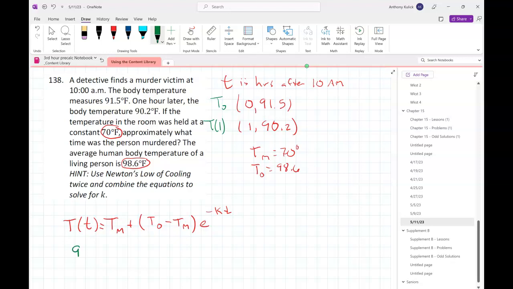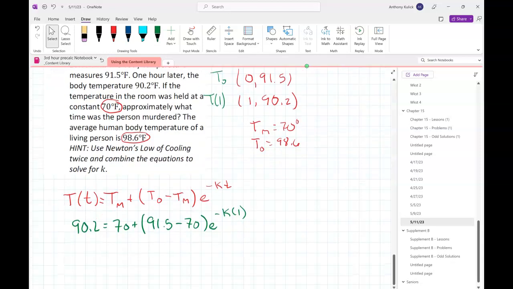So I can say 90.2 is equal to 70 plus (91.5 minus 70) e to the negative k times 1. So I'm going to solve this equation now for k. So I'll subtract the 70 over. You could do this by graphing also.